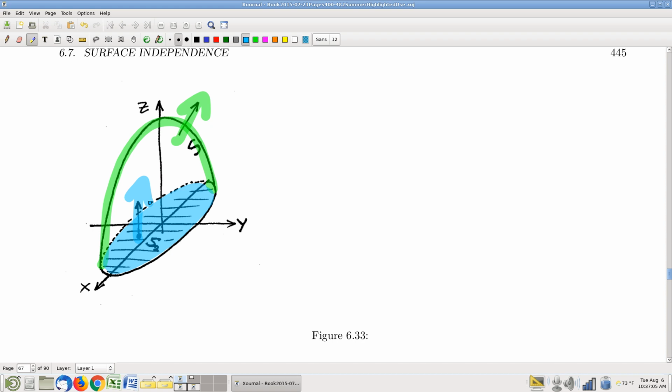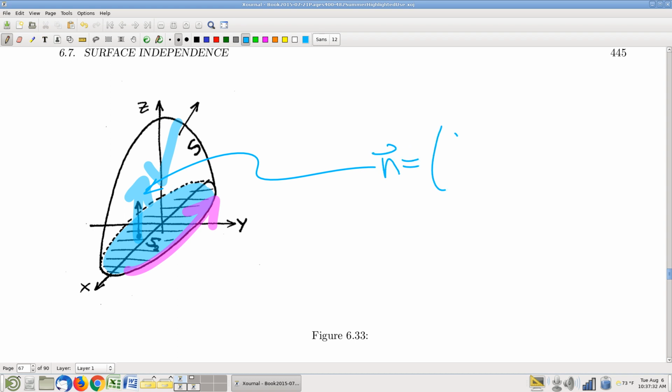Okay, and just for effect, here's that shared boundary. So again, due to surface independence, goodbye lumpy surface. Hello, nice flat convenient surface. Oh, and by the way, one of the benefits of this being flat and horizontal, and we know it's oriented upward, is that the normal vector is super easy to write down: 0, 0, 1.